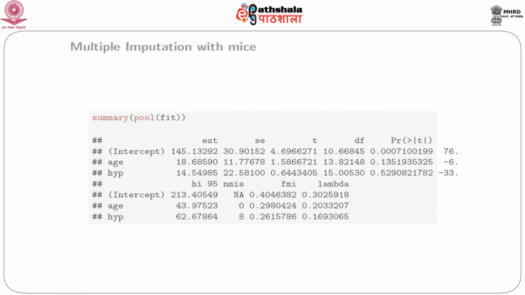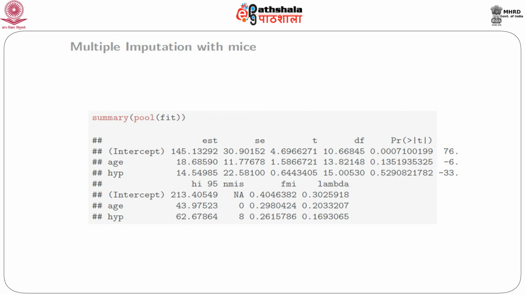The summary gives the estimate, the standard error, the t value, the degrees of freedom, the p values, the lower and upper 95% confidence interval, and it also gives the FMI, which is the fraction of missing information. The fraction of missing information is the proportion of variability that is attributable to the uncertainty caused by the missing data.